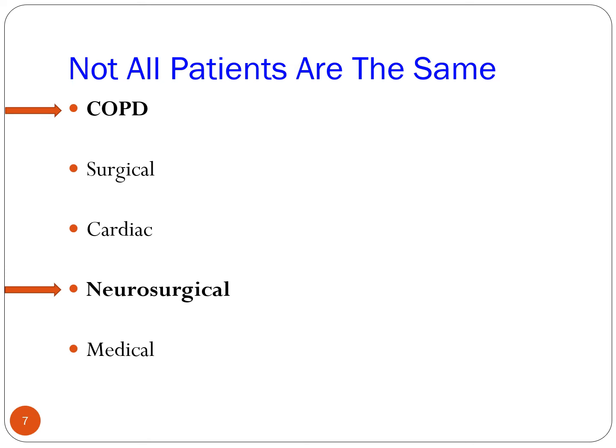COPD patients and neurosurgical patients are a different type of wean, and you should know about it. I'm going to get into some more details about that. But surgical patients, cardiac patients, and medical patients are all typically similar weans. You have to watch those COPDers and those neurosurgical patients.